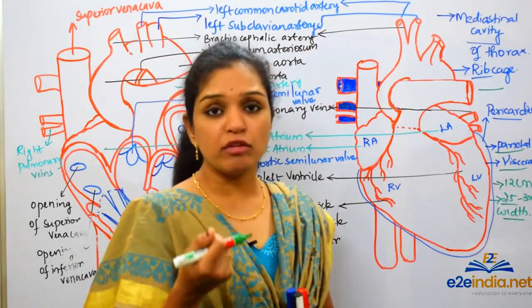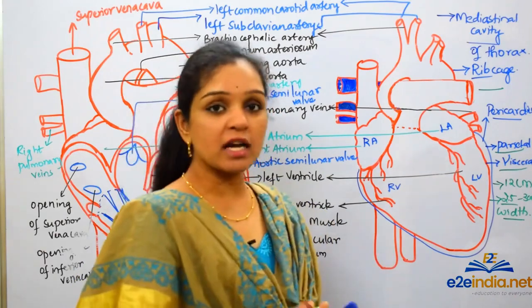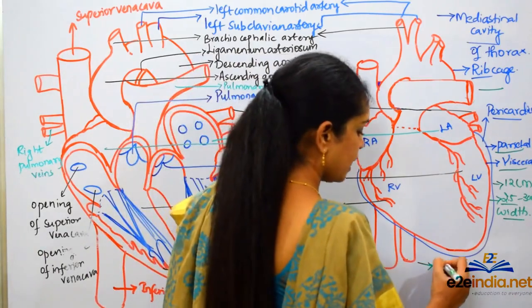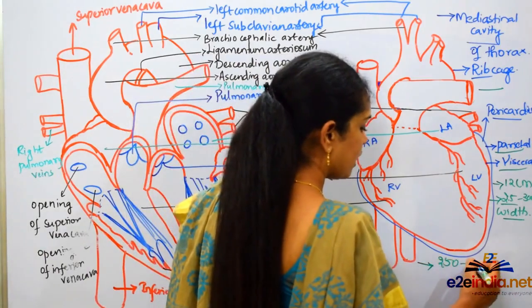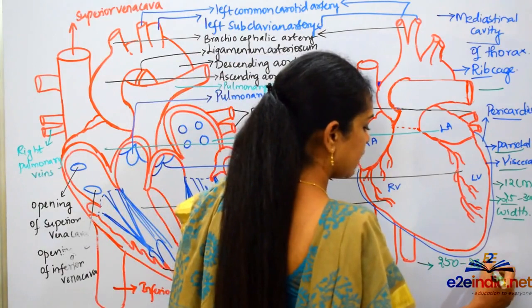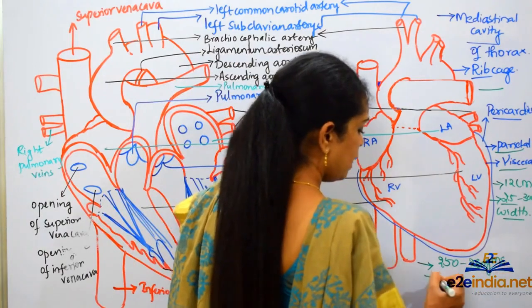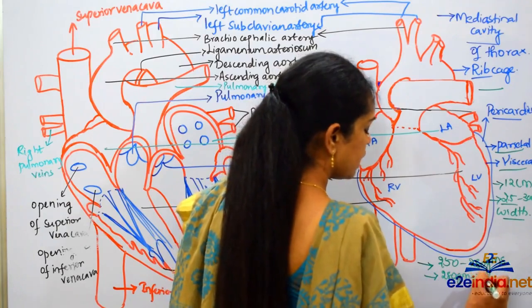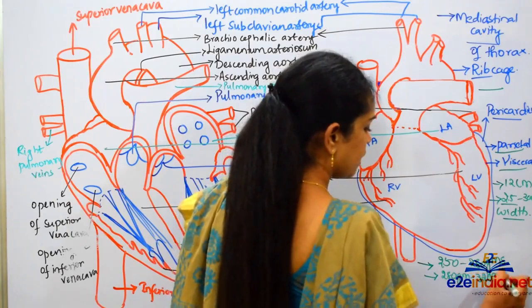The size of your own fist will be the size of your heart. On average, the weight of a human heart ranges between 250 to 280 grams in the case of females, and 280 to 320 grams in the case of males.